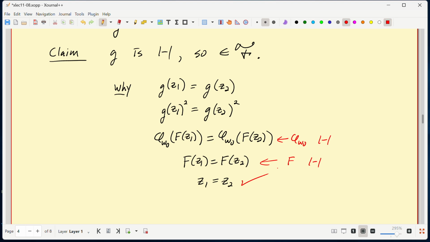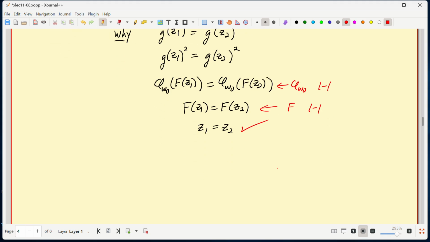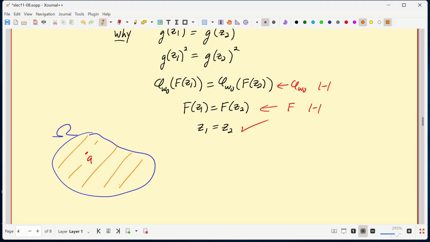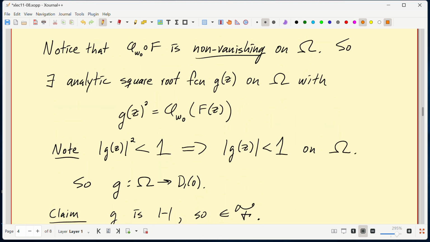Okay, so, oops, I'm not done yet. The steps here are easy, but what do I have so far? I've got to go back and draw my omega, the potato. I've got an A. Remember what I had, my g in the picture.